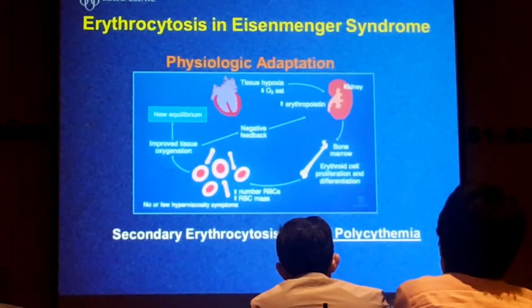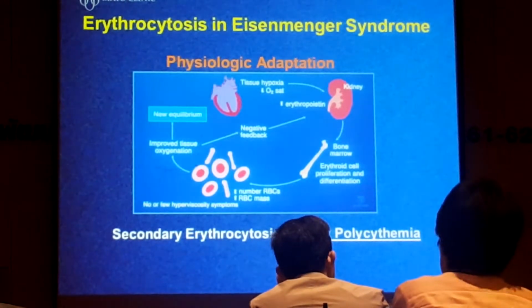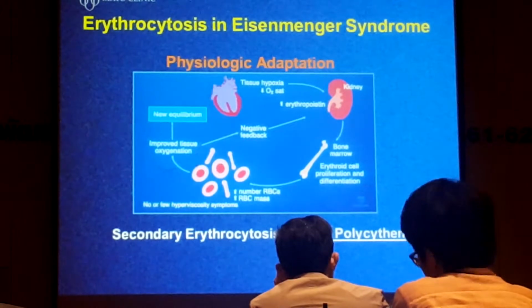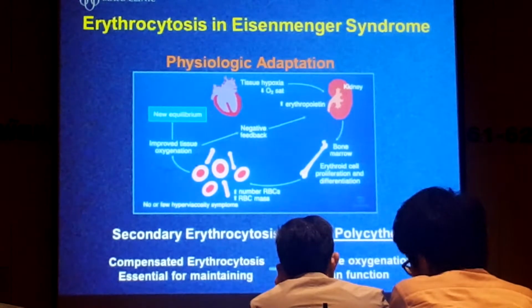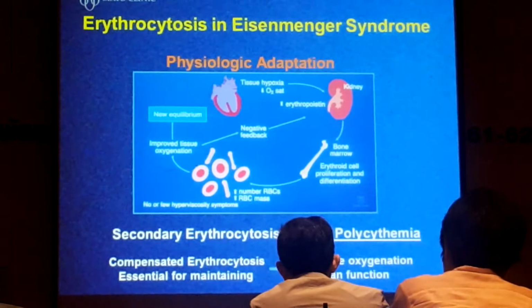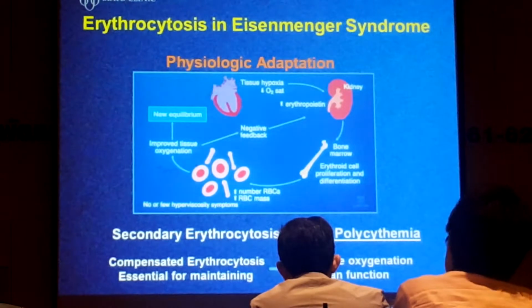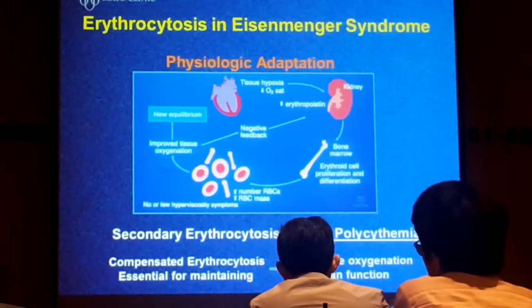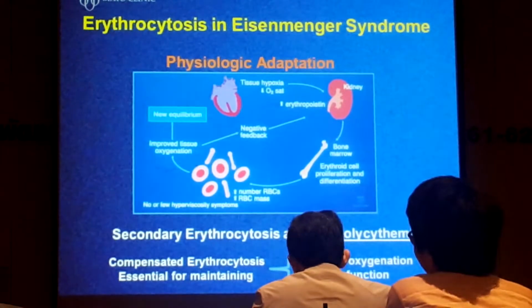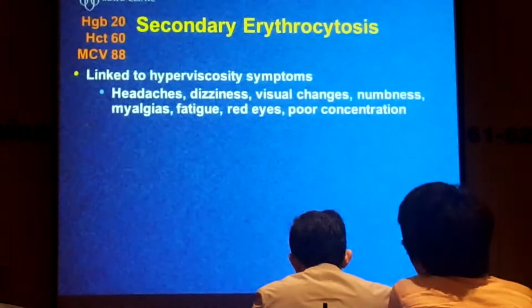And that's not polycythemia. This is not a blood disorder. This is a compensatory erythrocytosis that is needed to maintain tissue oxygenation. So if their hemoglobin is 18 to 21, leave them alone. In fact, I'm going to tell you at the end of the lecture that the best thing to do with Eisenmenger is leave them alone. Don't touch them.